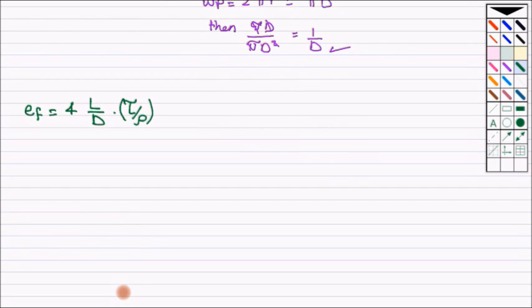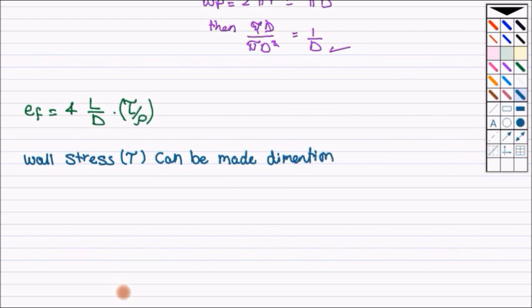Now the wall stress tau has dimensions similar to pressure. So if I want to make this shear stress dimensionless, I will divide it by dynamic pressure.